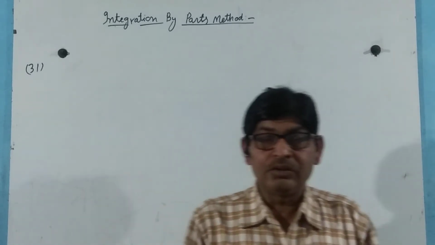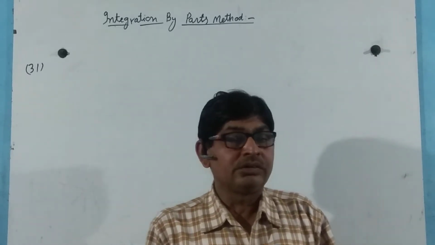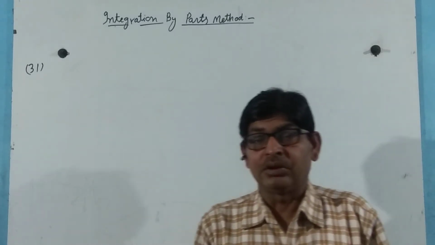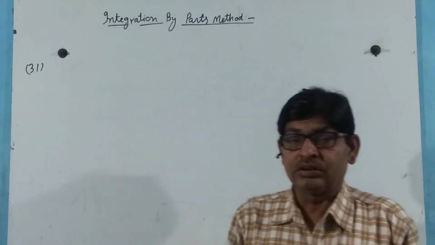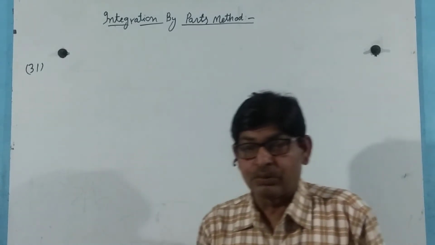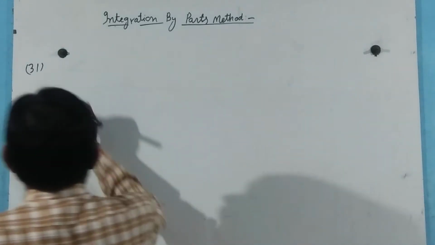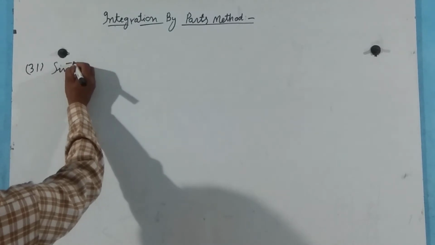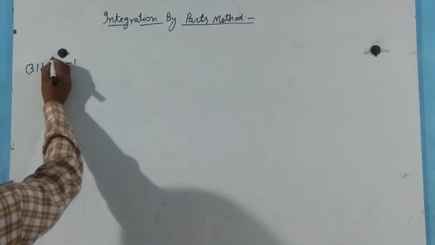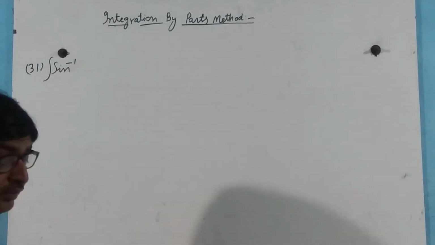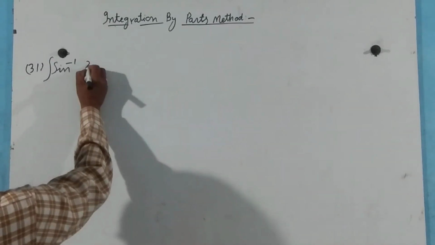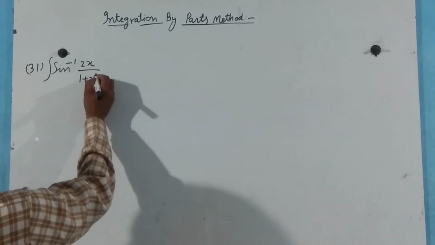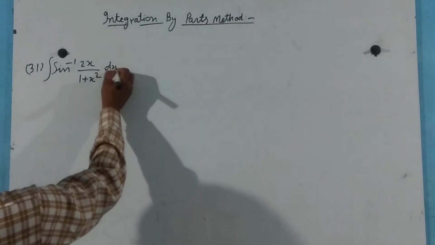Today we are going to study the integration by parts method. Now we take some problems here. Problem 31: integration of sine inverse of 2x divided by 1 plus x square dx.